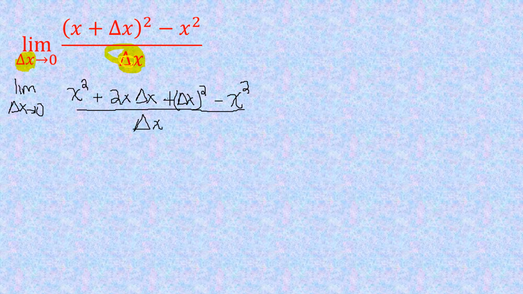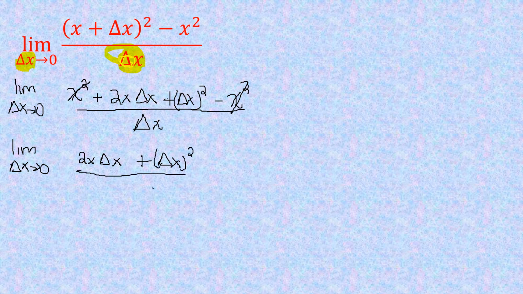Okay, so when I simplify this, I have x squared and I have minus x squared. So I see that those two zero out. And again, I haven't taken the limit. I'm still simplifying. I get the limit as delta x approaches 0 of 2x delta x plus delta x quantity squared over delta x.